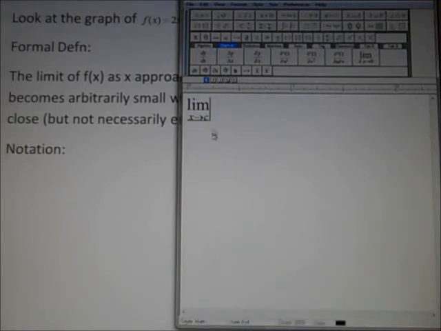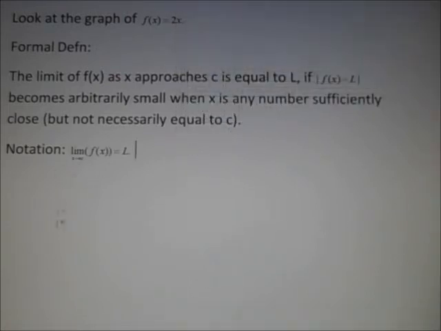So the limit as x approaches c, then in parentheses is your function. So here's my f of x, and you say that's equal to L. So that's the notation that we're going to use. It's really important to understand this notation. It's saying the limit as x approaches c, in the subscript, that's always where the x approaches c goes, of your function is equal to L.